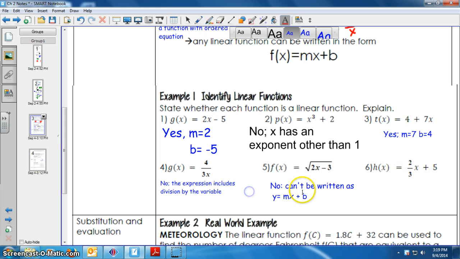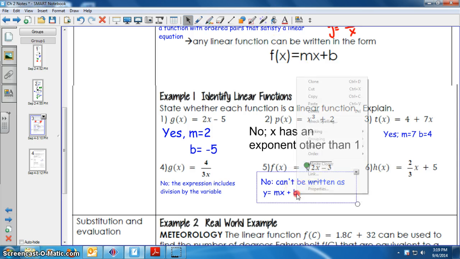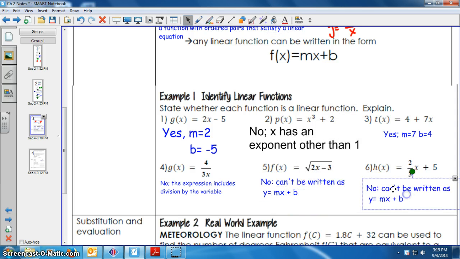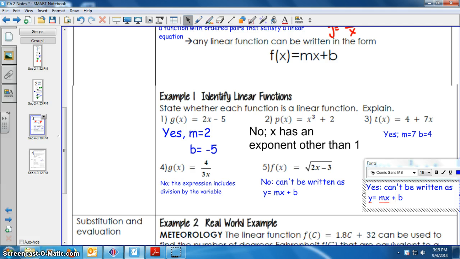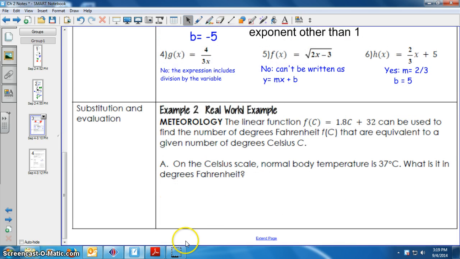And then lastly, number 6, and number 6 is a yes. Our slope, for m, is 2/3, and then our b is 5.